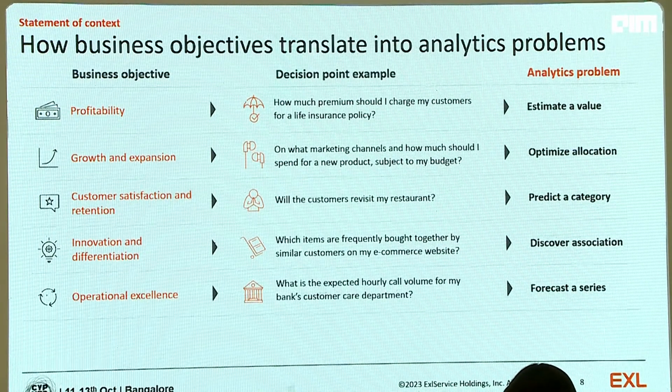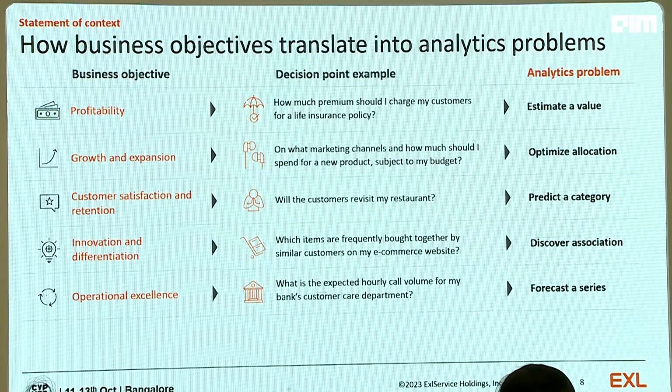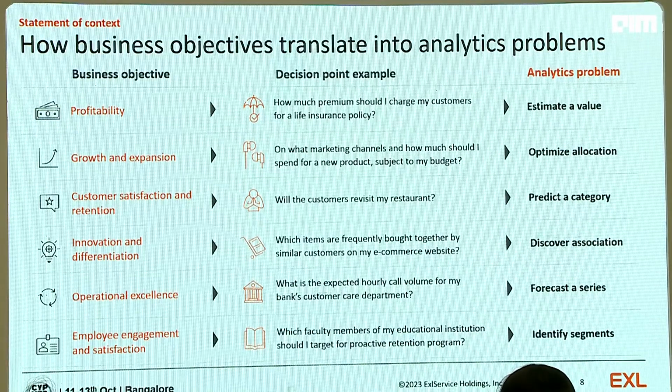If you look at operational excellence, let's take the example of a bank that needs to allocate customer care executives in such a way that they are fully utilized. For that, it becomes a problem of call volume forecasting. It's a different problem altogether, where you are forecasting a time series. Then for employee satisfaction, let's take the example of education institutes.